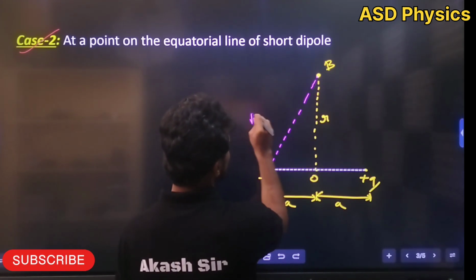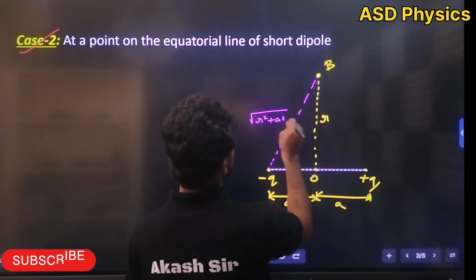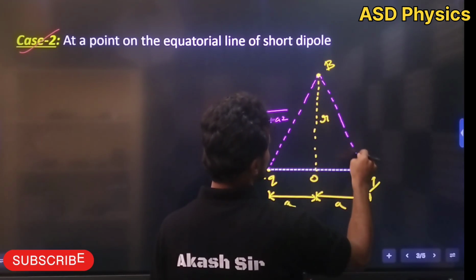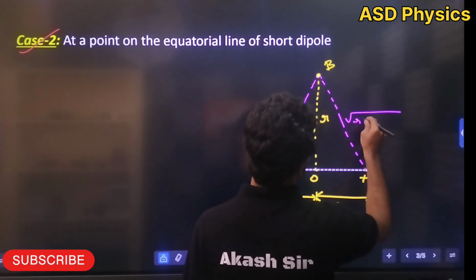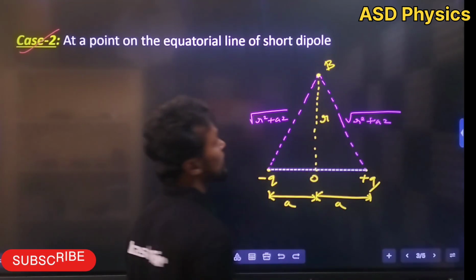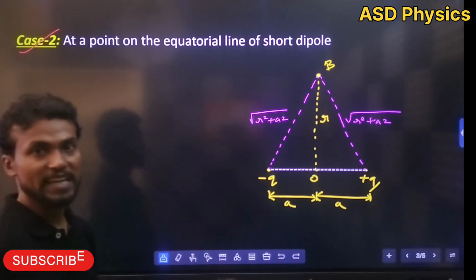So this distance, from the Pythagoras theorem, is square root of R square plus A square. And this distance also, from the Pythagoras theorem, is square root of R square plus A square, because both are right angle triangles, with one of the angles being 90 degrees.